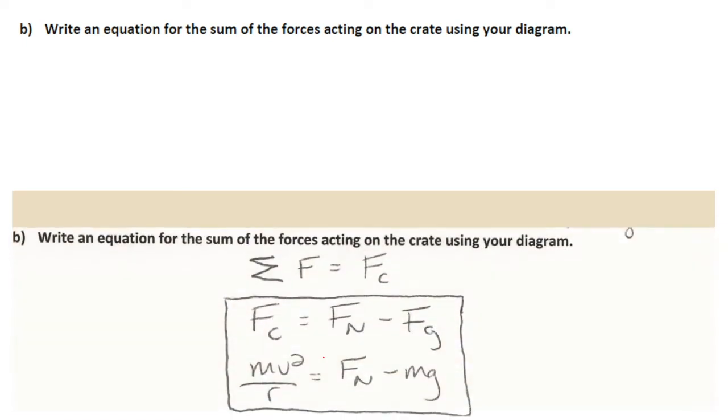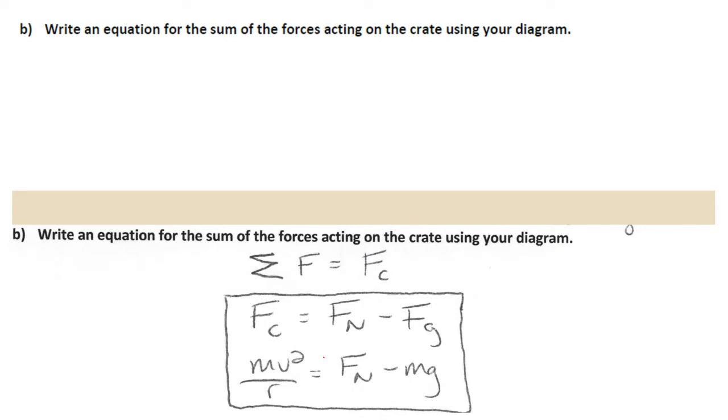That means your equation should look like this. We have FC equals Fn, toward the center of the circle, minus Fg, which is opposite the center of the circle.